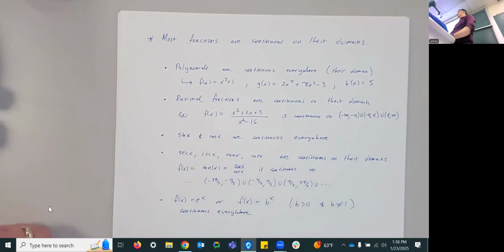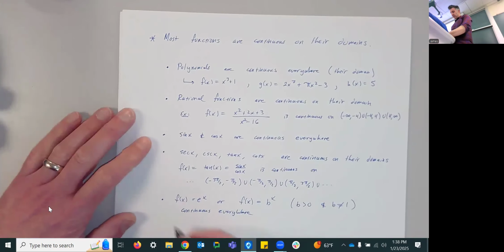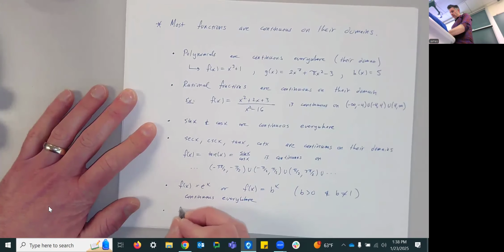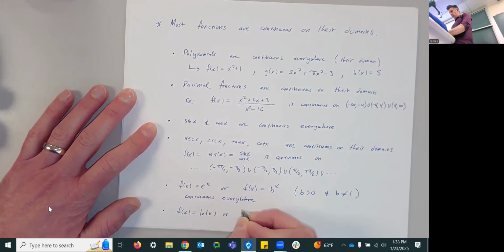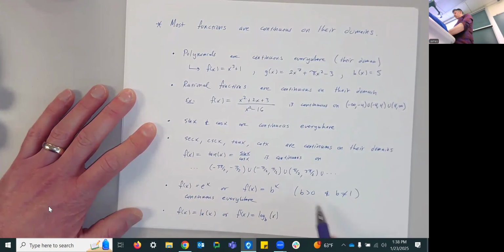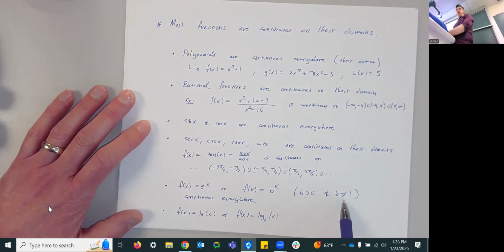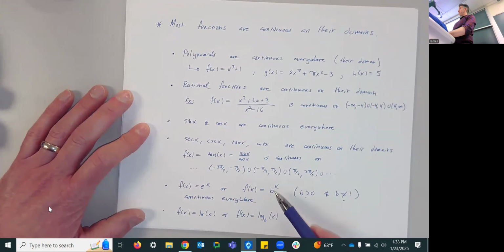And the last one I can think of that comes up, oh yeah. Yes, exactly. That's the last one I was going to think of. F of x equal to the natural log of x, or really any logarithm, log base b of x, with the same restrictions, in that your base should be positive and not equal to 1. Why not 1? Well, because 1 to the x isn't really an exponential function.